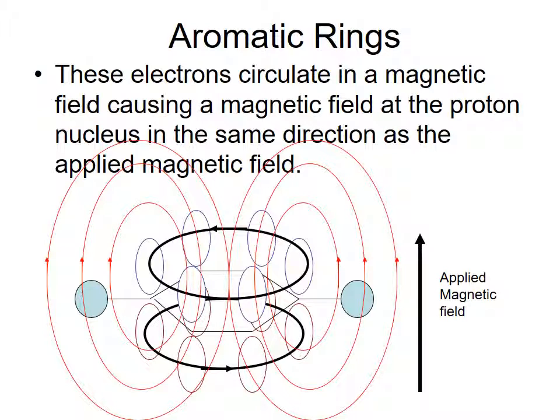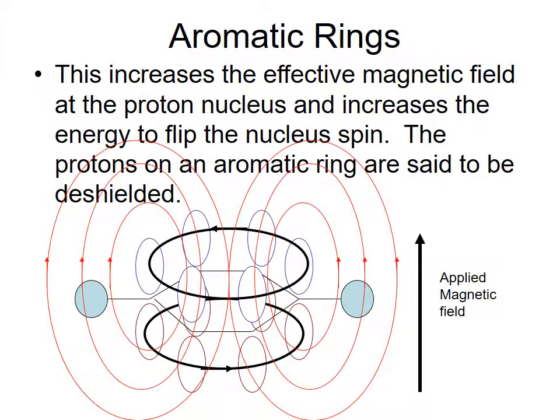And so what you see is the proton out there thinking the magnetic field is very large indeed. It's like it has no electrons around it, even though there's still electrons around those hydrogens. And so what we say is that aromatic rings are very deshielding.